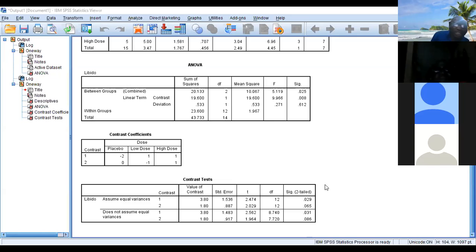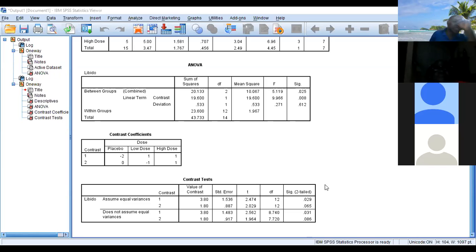After clicking the script, you can click on homogeneity test to test for equality of variance. We would have done that, but you can even go back and do it. So that's contrast for you. I don't know if you have questions concerning this.